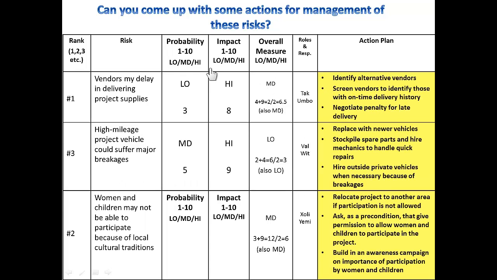For the first risk, some of the management actions might include identifying alternate vendors, screening vendors to identify those with on-time delivery history, or negotiating a penalty for late delivery.